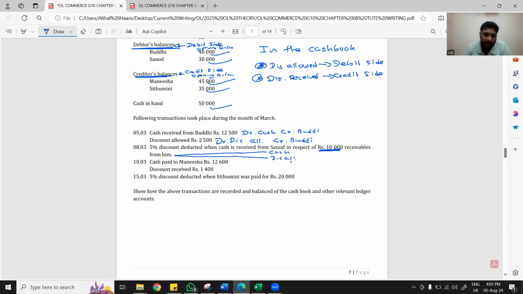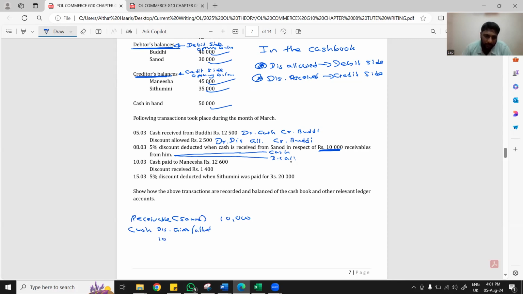So how much is the discount that we have given? 10,000 receivable from Sanoth. When he is coming to settle 10,000, cash discount given or allowed is 5%.